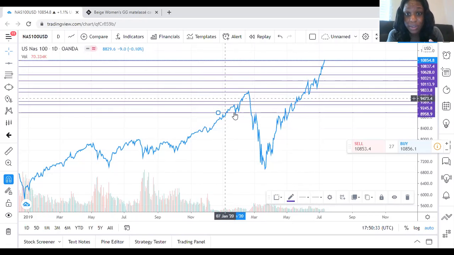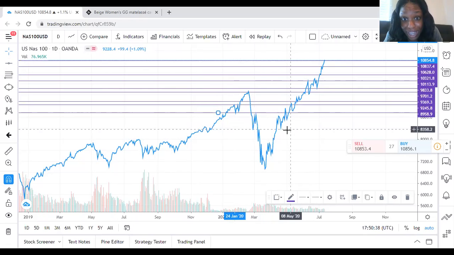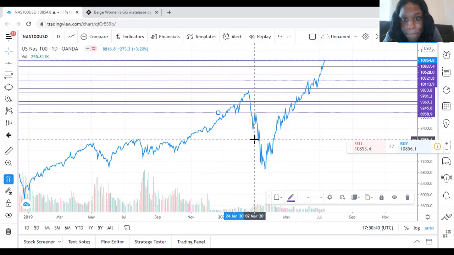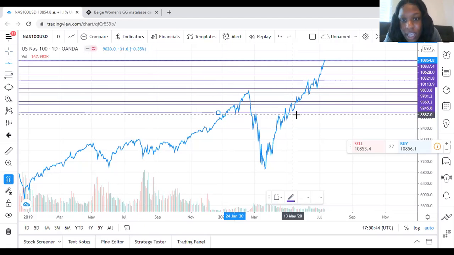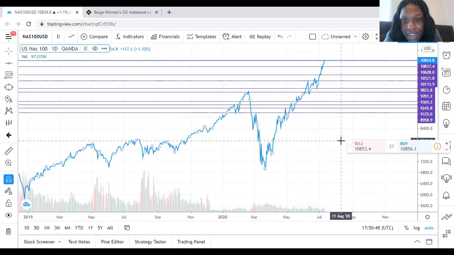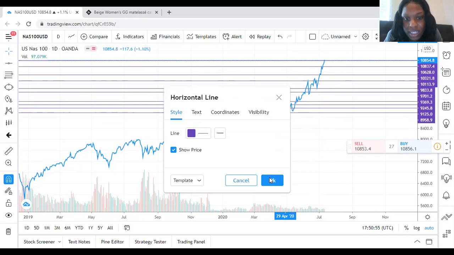This is a resistance up here, and this is a support. That right there needs to have its own trend line. You basically put the trend line where it's repetitive. You don't want to put trend lines at unnecessary zones. Like, this to me is an unnecessary zone.